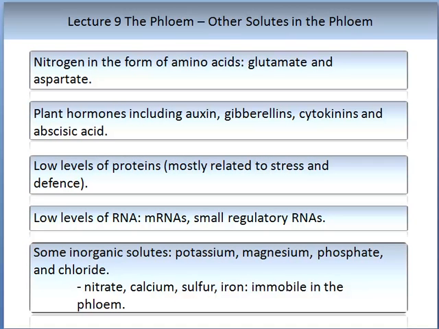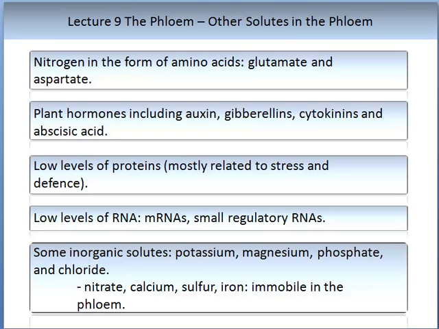Other solutes in the phloem include nitrogen, which is in the form of amino acids, glutamate and aspartate. Plant hormones include auxin, the family of gibberellins, cytokinins and abscisic acid or ABA. There are low levels of proteins, mostly related to stress and defense mechanisms.